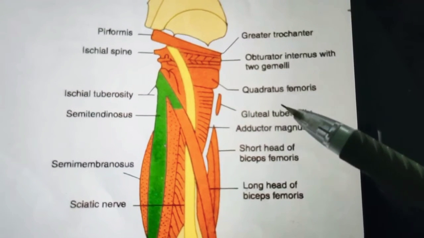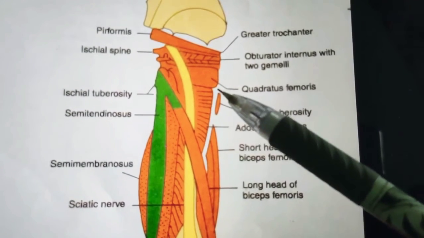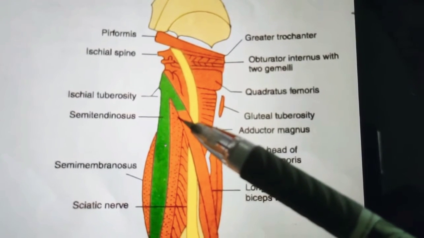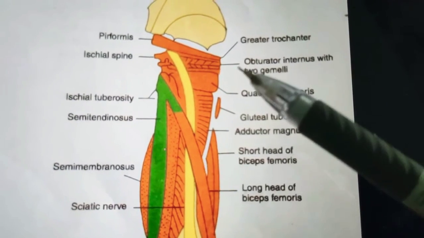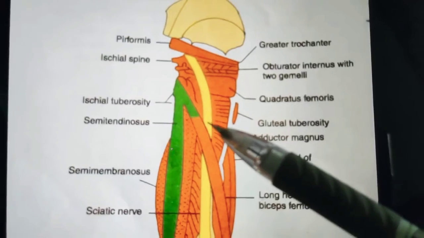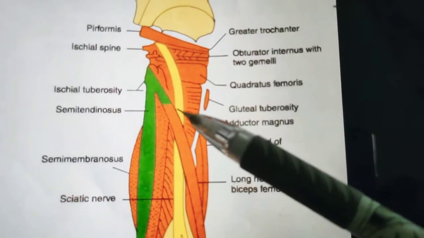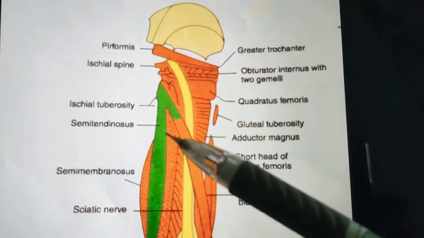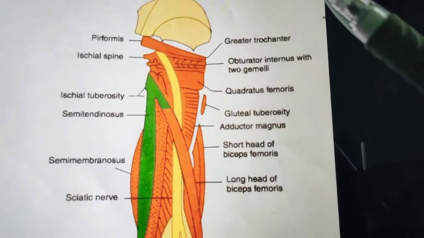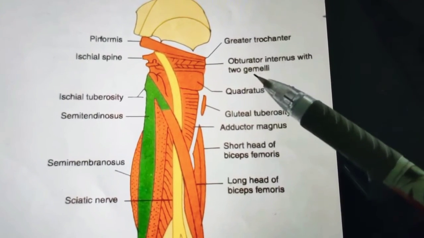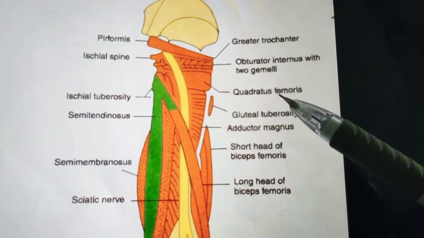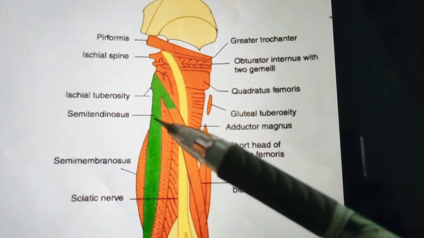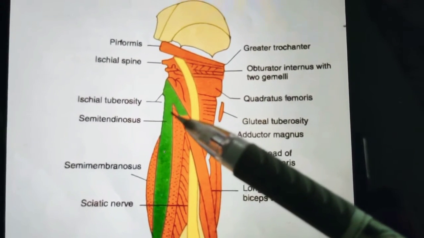You can see the quadratus femoris muscle here. There is also the tendon of obturator internus, the gemelli, quadratus femoris, and obturator externus muscle. All these muscles are located anterior to the sciatic nerve.